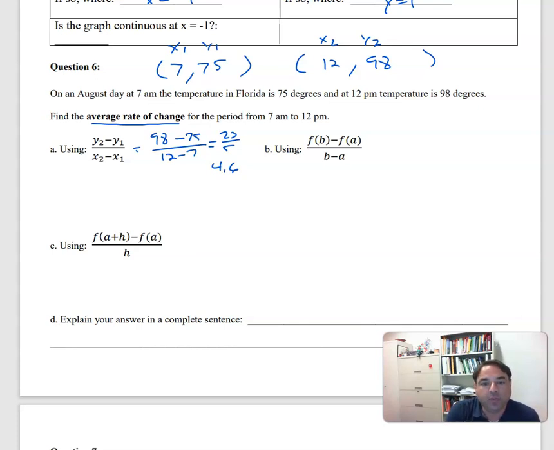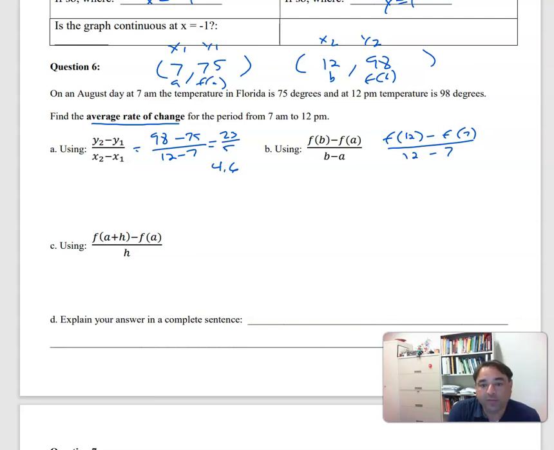Now, the other one is going to consider the first point as A, and F of A, and the second one B, and this will be F of B. So, if we just plug in the A and B part, this will be F of B, B is 12, minus F of A, A is 7, over B, 12, minus A, 7.